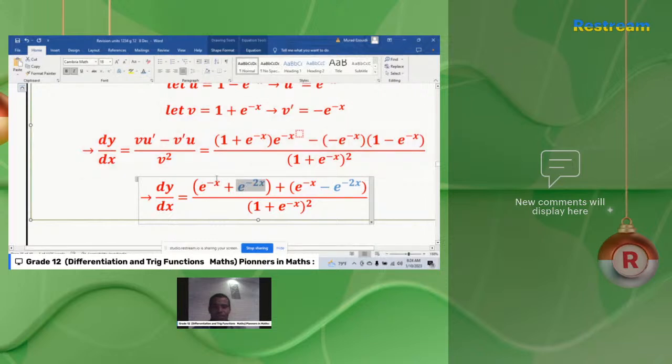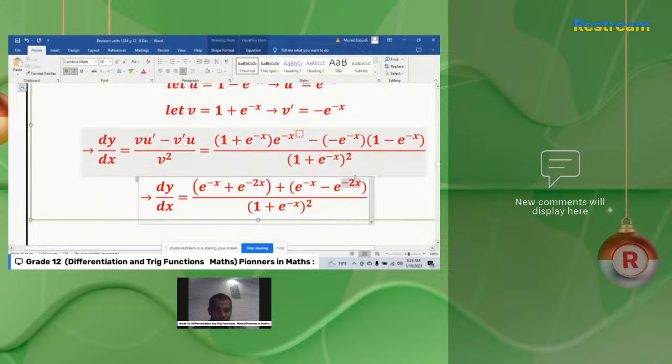Therefore, it remains only exponential of minus x plus exponential of minus x, all divided by 1 plus exponential minus x squared. It will be 2 times this one, like that. So I will change this as that.